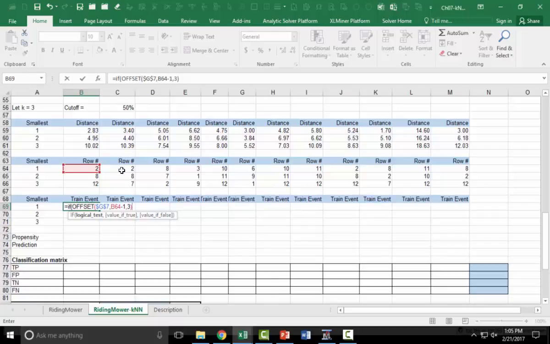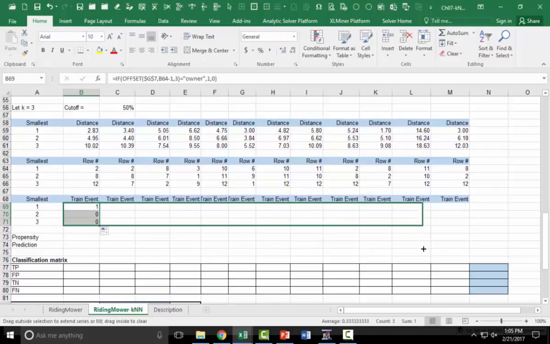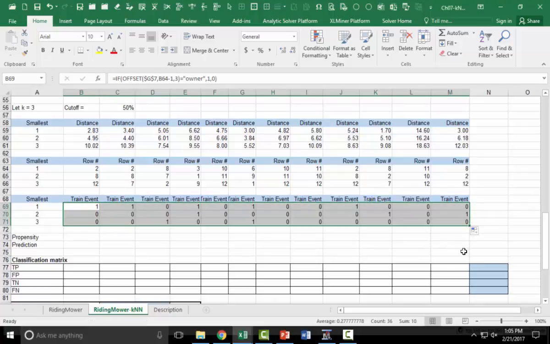Then this should be compared to owner. If it is owner, then I'm going to put 1, otherwise I'm going to put a 0. Put that down and across.